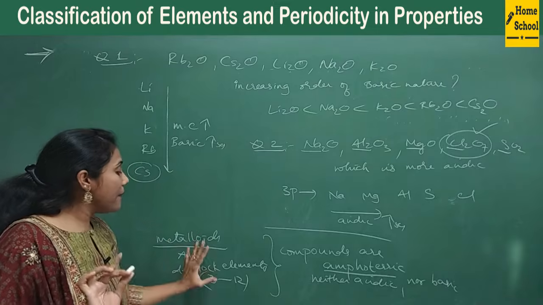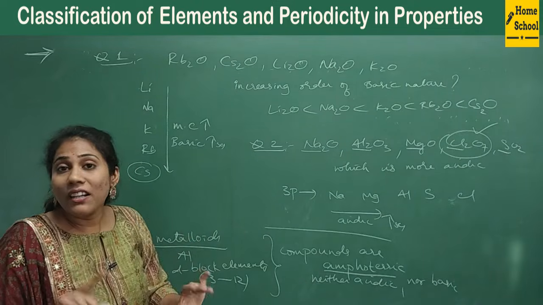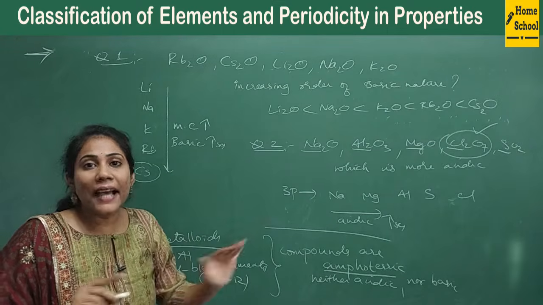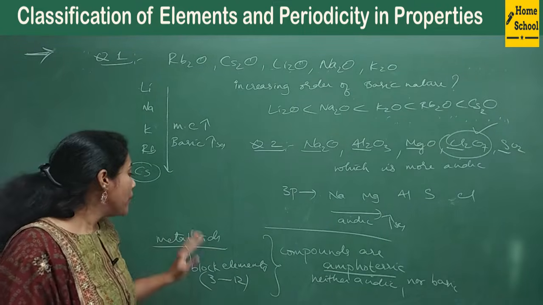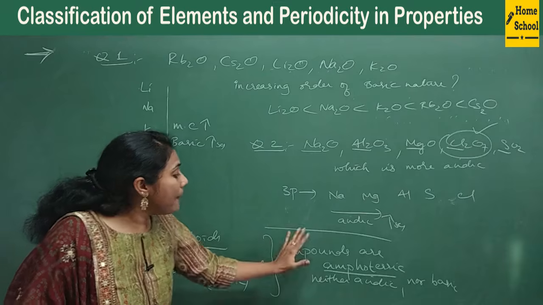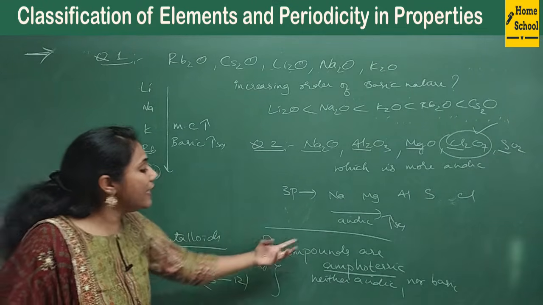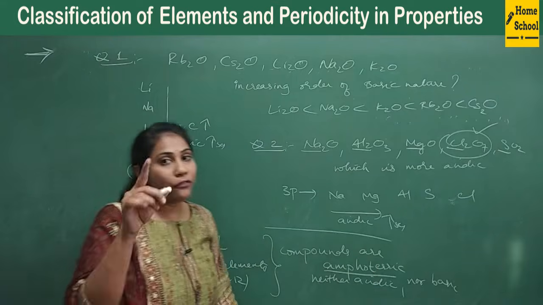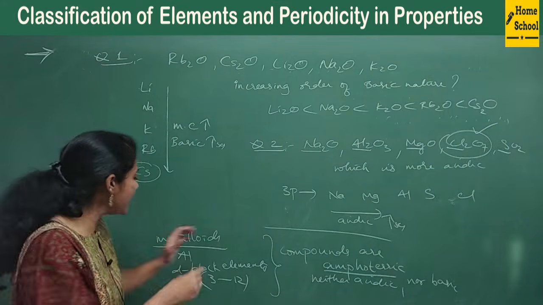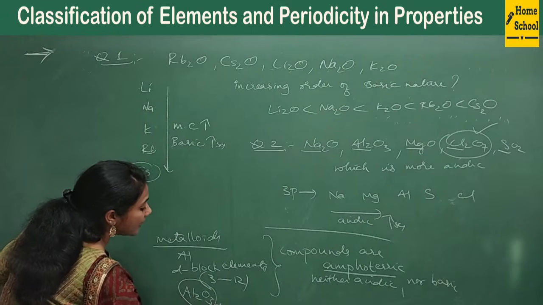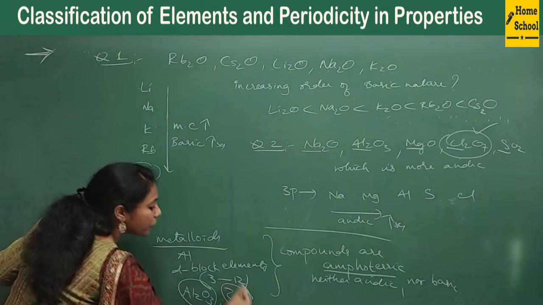But there are some elements which are neither metals nor non-metals. I mean, they have both characters of metals and non-metals. So compounds of those elements are always amphoteric in nature. For example, aluminium oxide is amphoteric, zinc oxide is amphoteric.